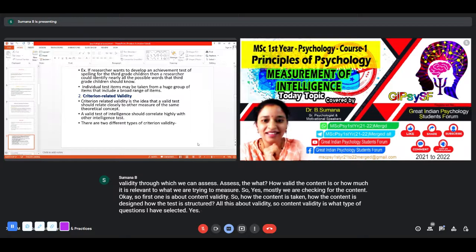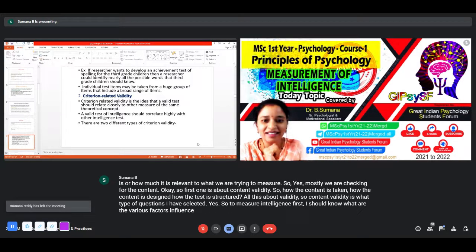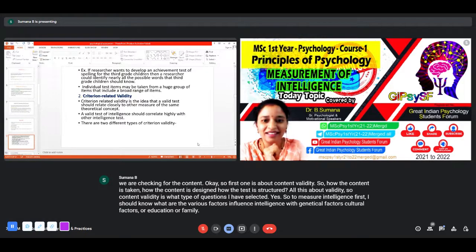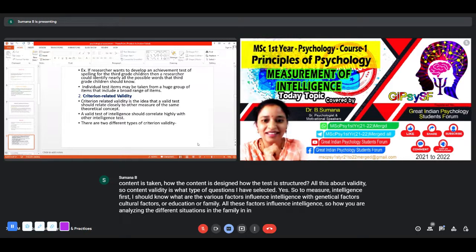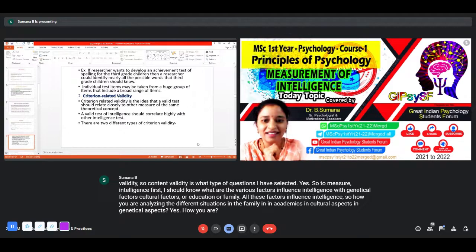Yes, so to measure intelligence, first I should know what the various factors are that influence intelligence: maybe genetic factors, cultural factors, education or family. All these factors influence intelligence. So how you are analyzing the different situations in the family, in academics, in cultural aspects, in genetic aspects.